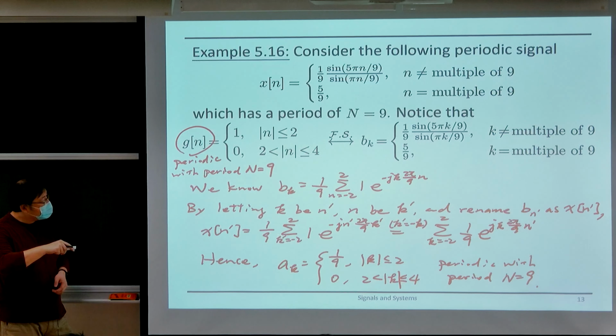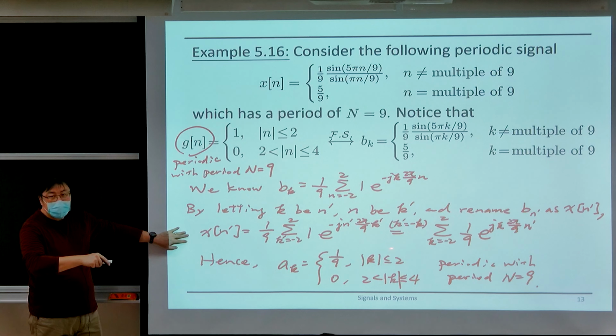On the right-hand side, I get a formula that is equivalent to the Fourier series representation, and therefore this coefficient in the front is our Fourier series coefficient.